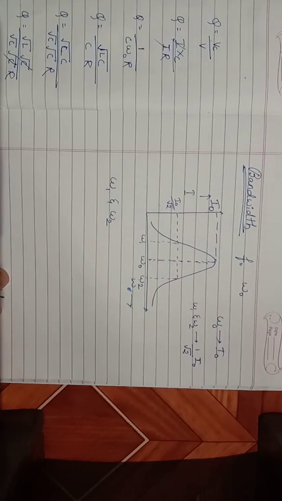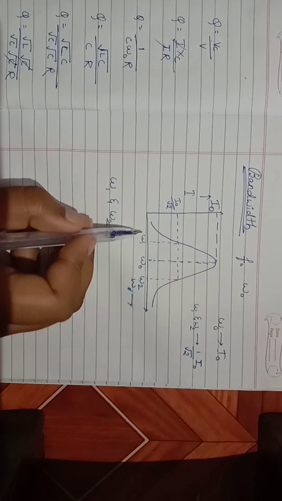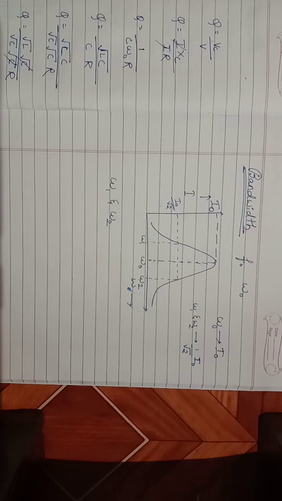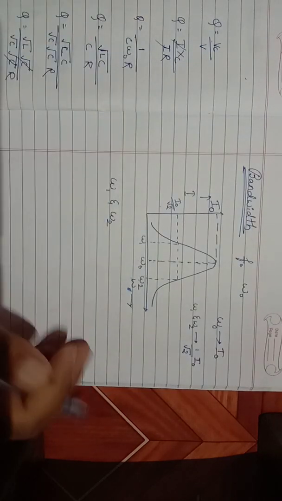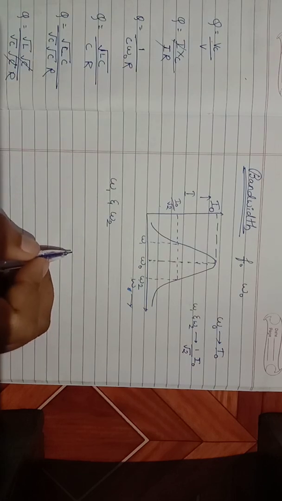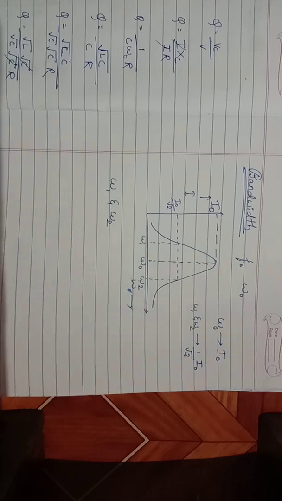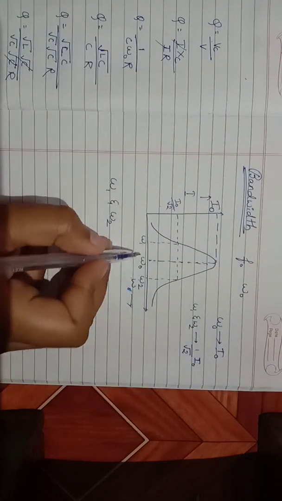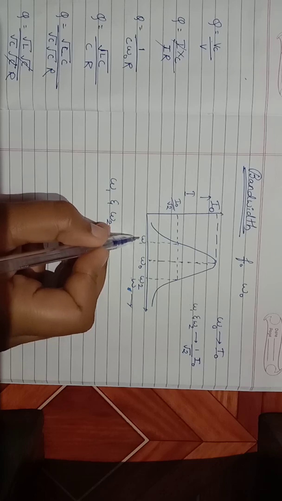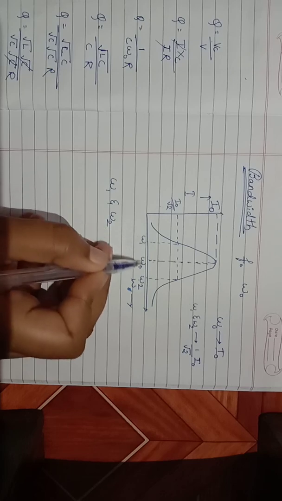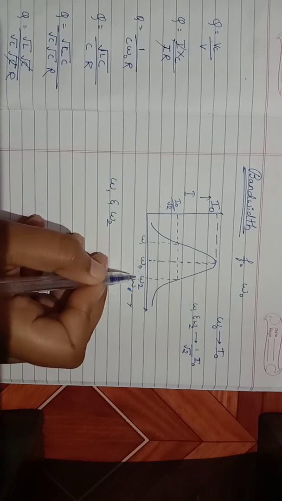Let us consider this omega 1. Omega 1 is below omega naught and omega 2 is above omega naught.